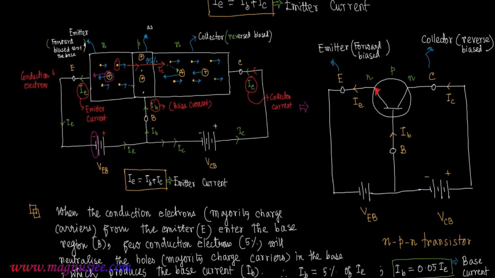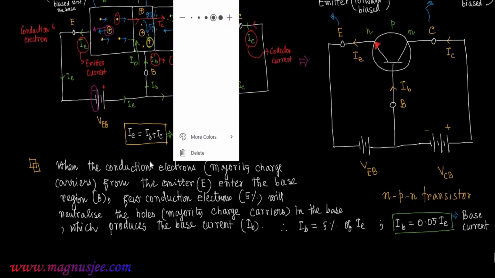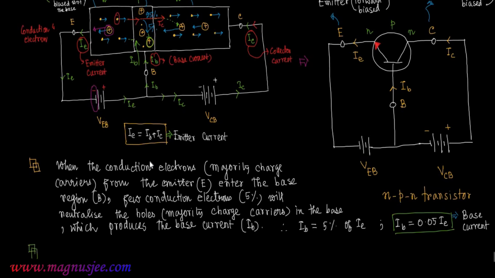Obviously, 95% of conduction electrons will enter the collector, and the remaining 5% will neutralize the holes. Here we have the hole, and the conduction electron will neutralize it. 5% of conduction electrons coming from the emitter will neutralize this hole, producing the base current in this direction. Base current will flow in the opposite direction of the motion of the conduction electrons. In this way, base current IB is produced.